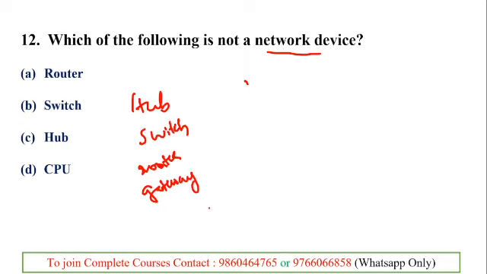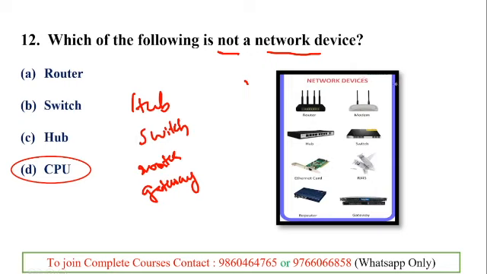The right answer, the one that is not a network device, is the CPU. Router, switch, hub are all network devices, and the network devices are router, modem, hub, switch, Ethernet card, RJ45, repeater, gateway. These are all examples of network devices, and other parts like CPU, mouse, keyboard are all computer devices or parts of a computer.